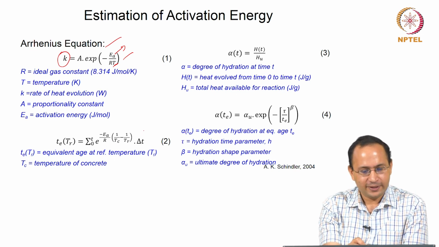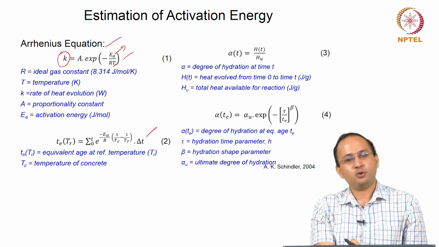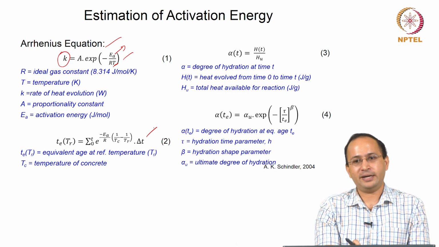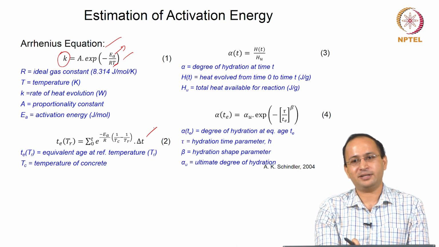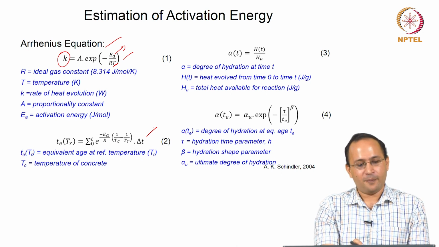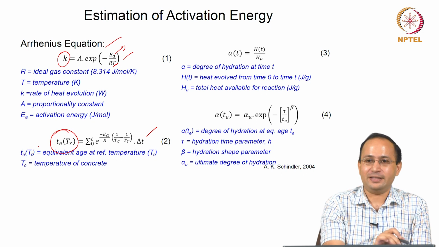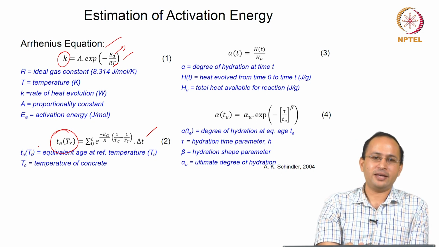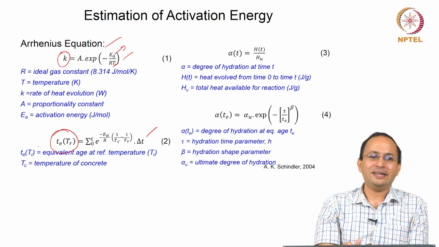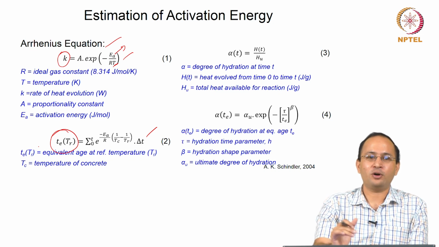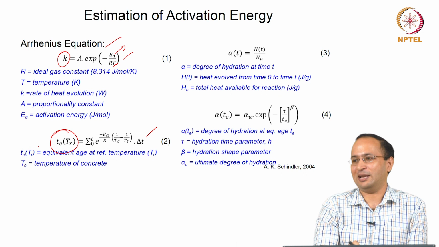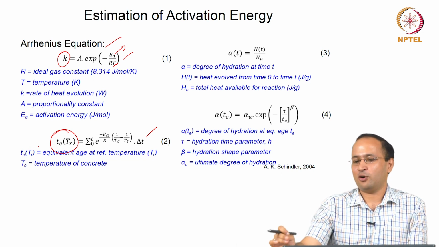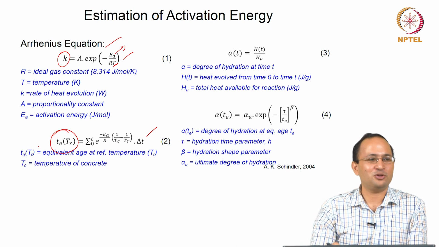Second thing what we see, okay, now suppose you have concretes, for an example, at 2 different temperatures. One concrete is at 15 degrees Celsius, one concrete is at 30 degrees Celsius, right. This is the idea of equivalent age. Equivalent age comes from this maturity method. I am saying that, so your 20 degrees Celsius concrete will take longer time to have the same maturity level, simply, right. 40 degrees Celsius concrete will get to that maturity early.